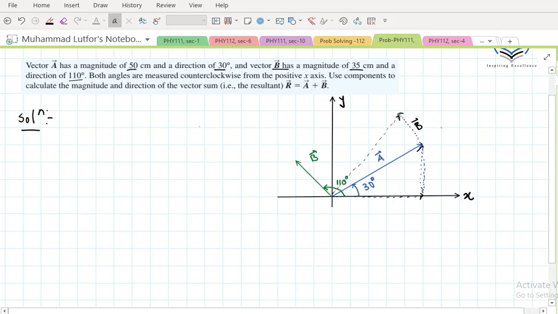So if I say this is the A x component of A along the x direction, that's why I write A x as a subscript. And if I want to express it as a vector, I can multiply by the unit vector, which would be A cos theta i hat.